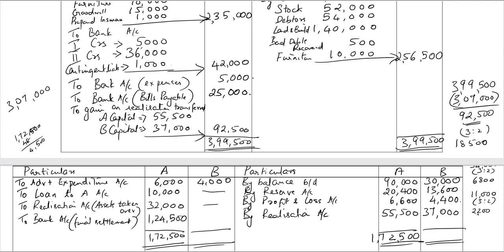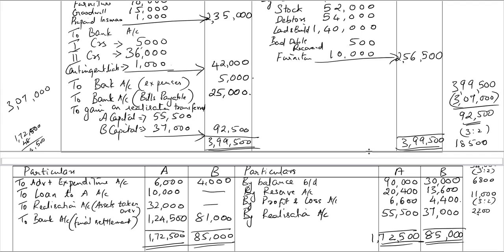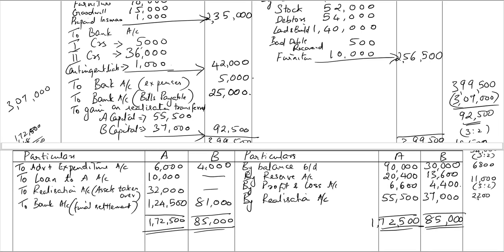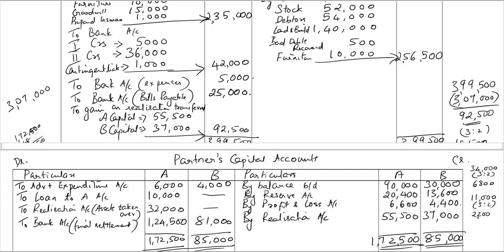In the case of B also, the credit side total is greater. Comes up to 85,000 rupees. Balancing figure after subtracting 4,000 rupees is 81,000 rupees. So this is the partners' capital accounts.